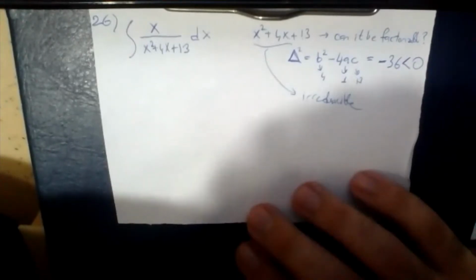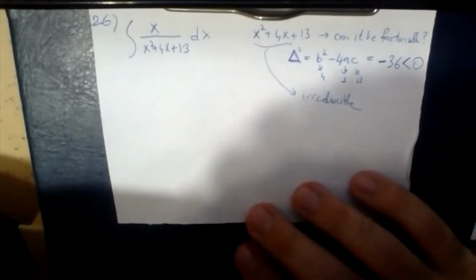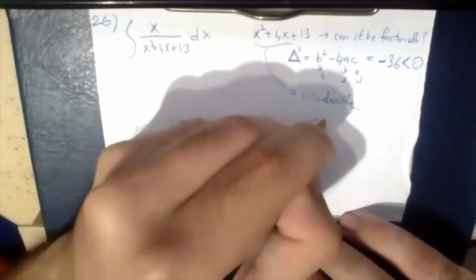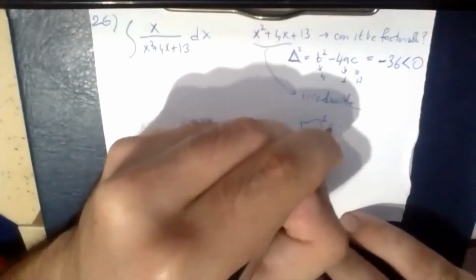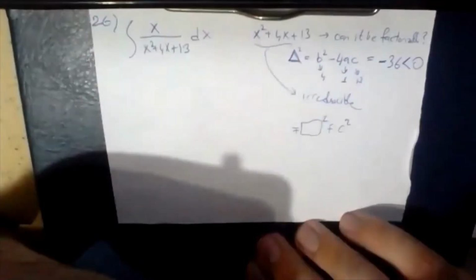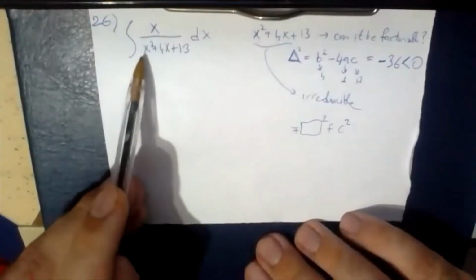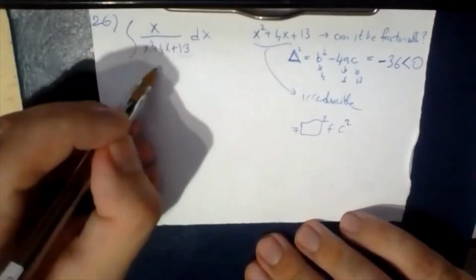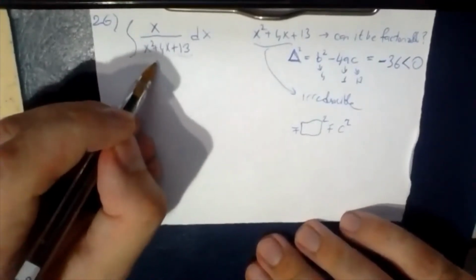What can we do? Maybe we can make a trigonometric substitution. But trigonometric substitutions were for the form where we have an expression in the integrand, something squared plus or minus some constant number. If the question was in that form, we can make it. If we have only x squared plus 13, that was okay. But also there will be 4x here.